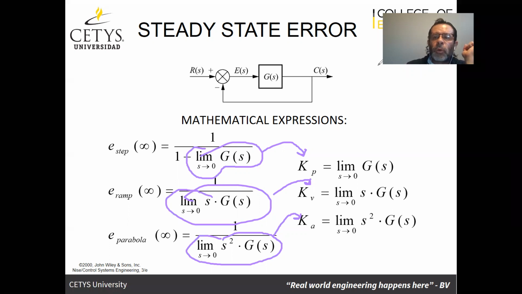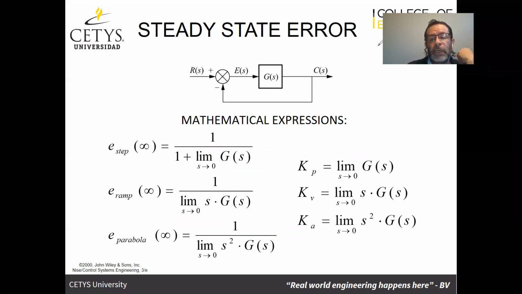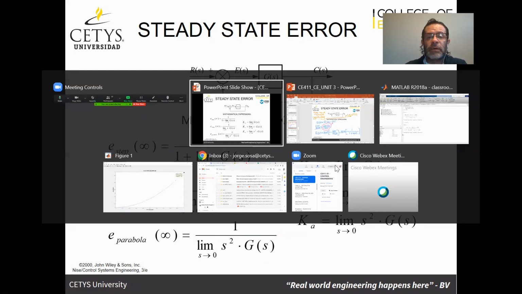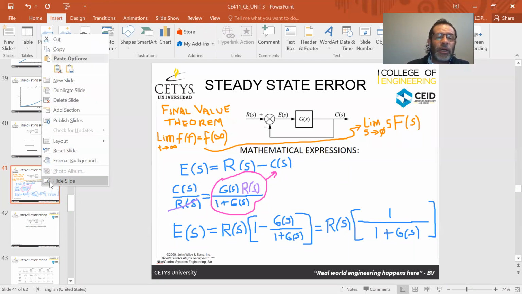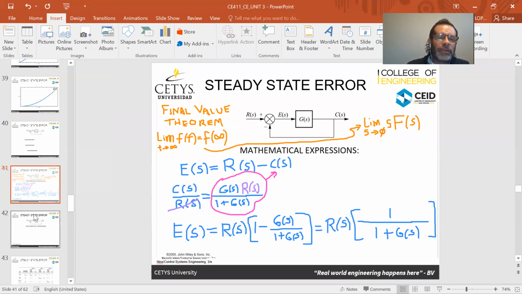Now, what we're going to notice in each of these cases is that there's going to be a certain behavior of the system depending on the type of system that we have. And that's what was identified as the order of the system that you guys identified.